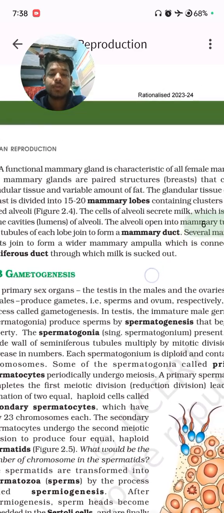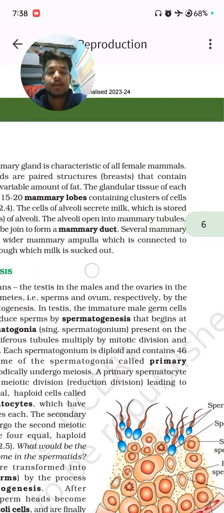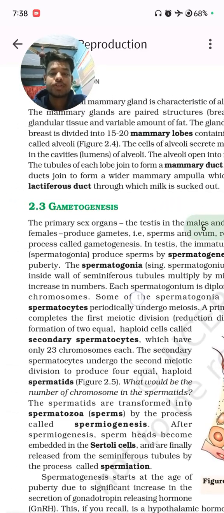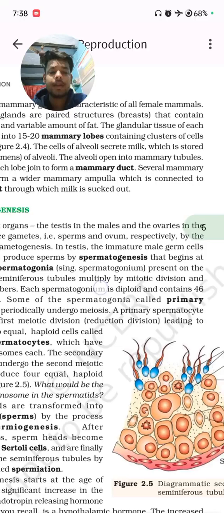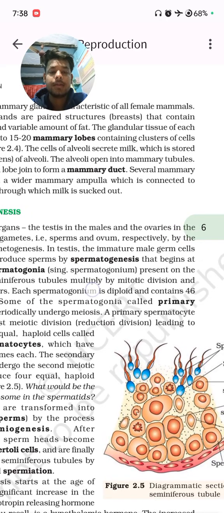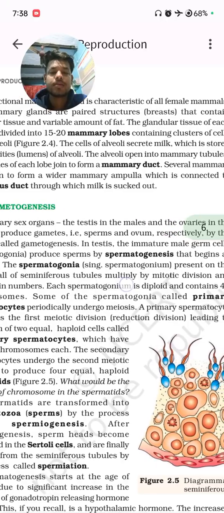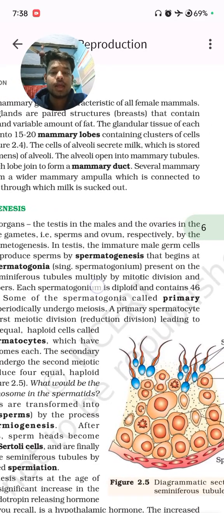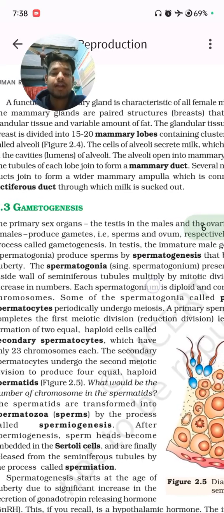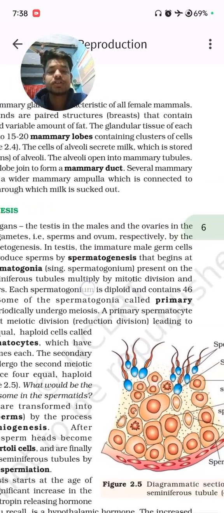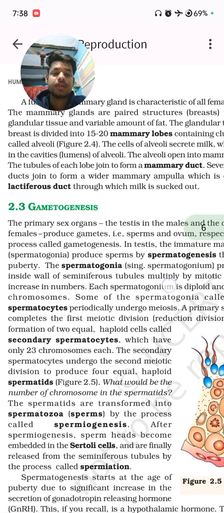Figure 2.4. The cells of alveoli secrete milk, which is stored in the cavity of alveoli. The alveoli open into mammary tubules. The tubules of each lobe join to form a mammary duct. Several mammary ducts join to form a wider mammary ampulla, which is connected to the lactiferous duct through which milk is sucked out.